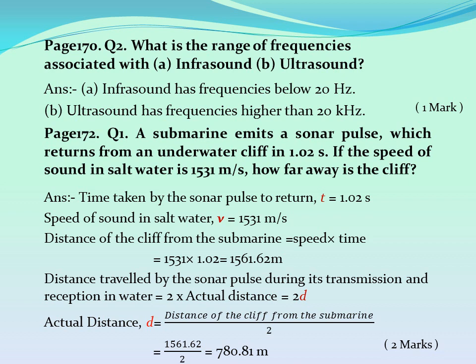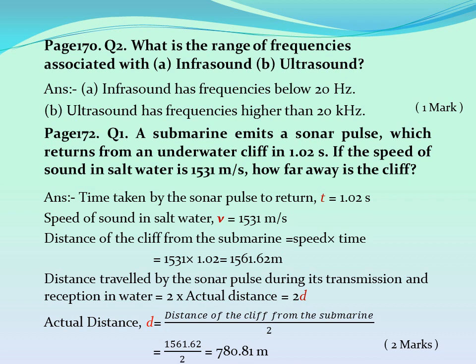1531 meter per second. Distance of the cliff from the submarine equals speed into time equals 1531 into 1.02 equals 1561.62 meter.